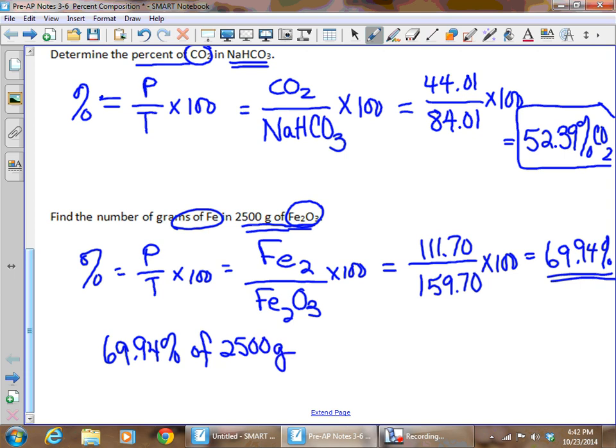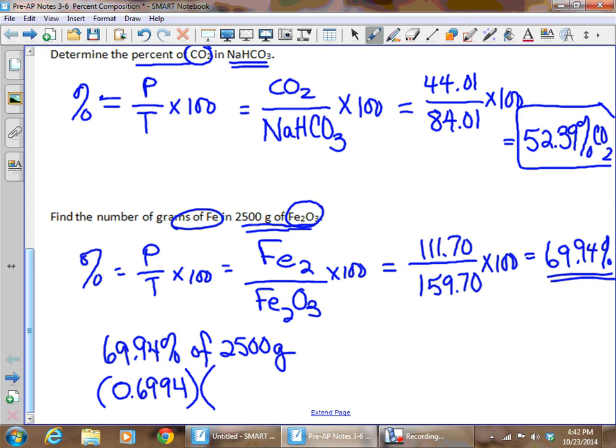And if you remember your percent rules for doing calculations with percent, whenever we plug a percent value into a calculation, we move the decimal two places over, divide by 100, and we end up with 0.6994.